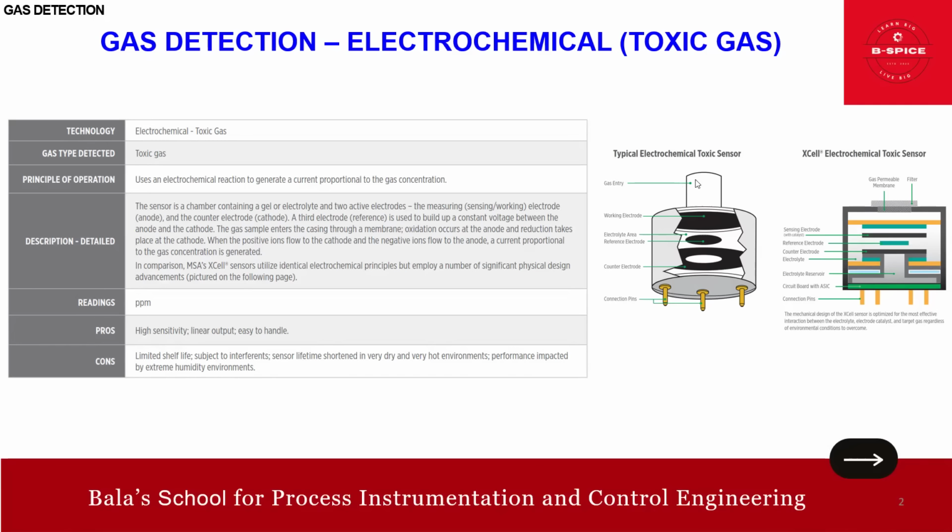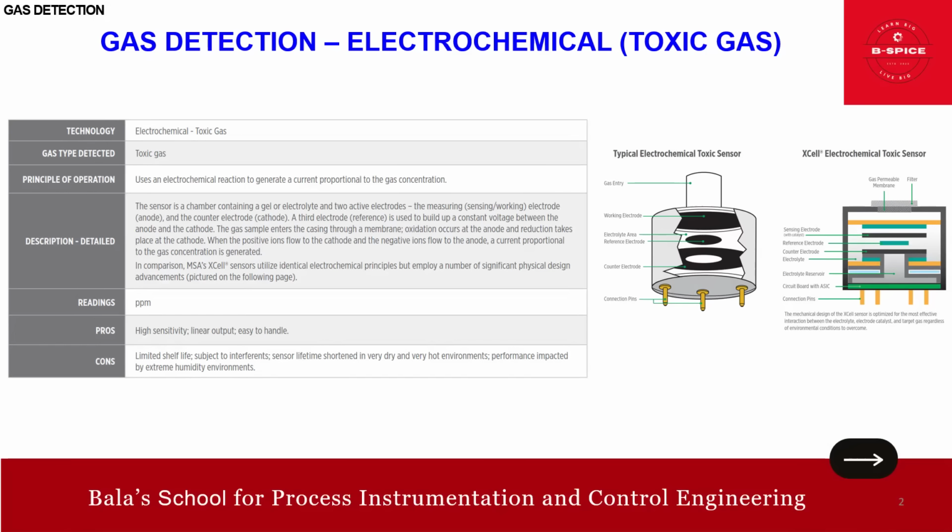When the gas sample enters the casing through the membrane, oxidation occurs at the anode here, and reduction takes place at the cathode here.